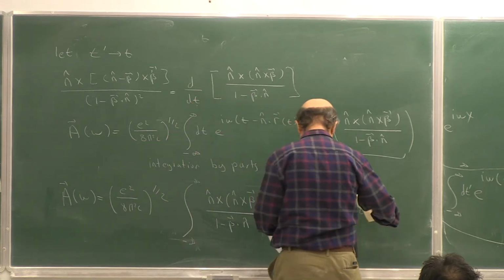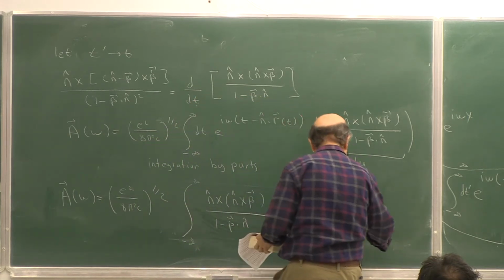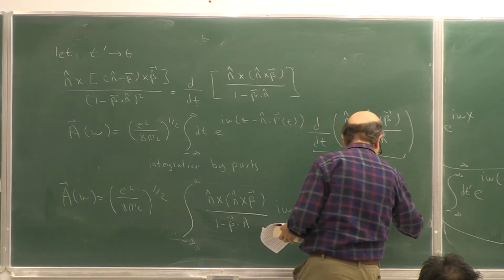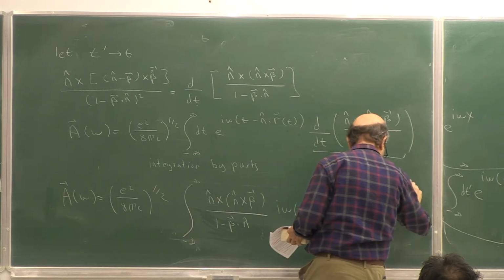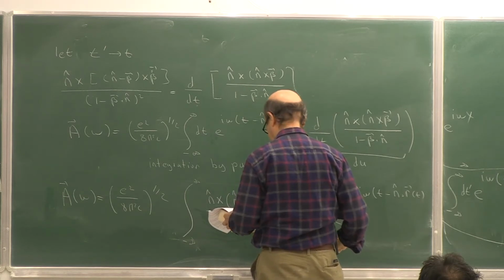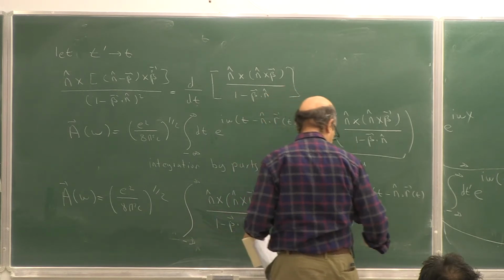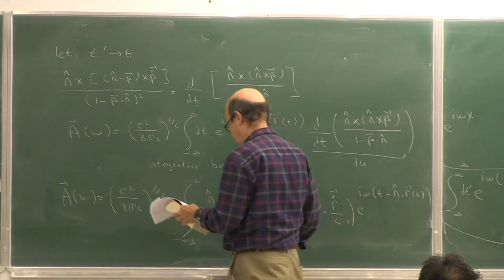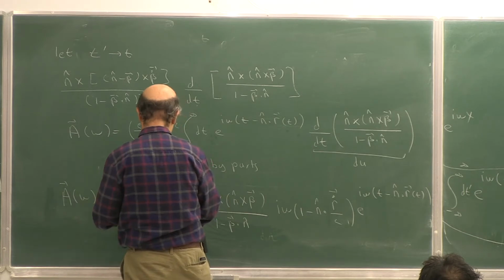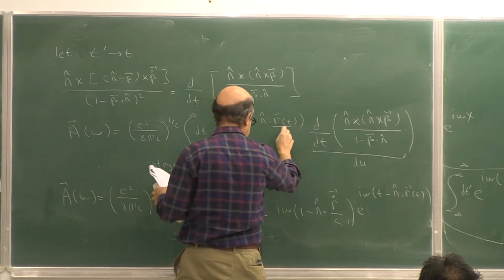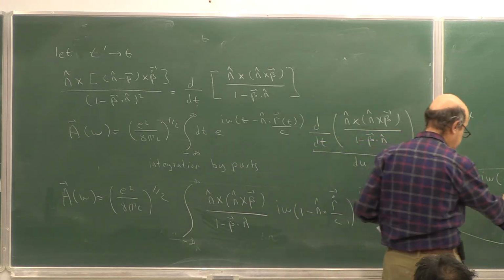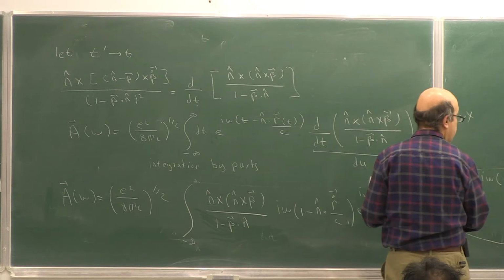Exponential e to the i omega t minus n dot r of t, and I think this should be divided by c, and this should be divided by c, and all of them divided by c.